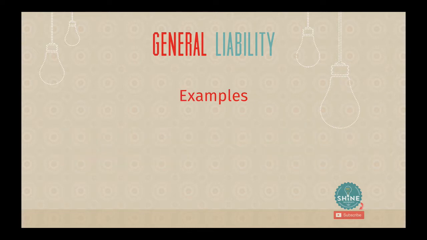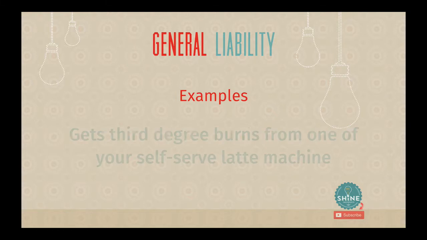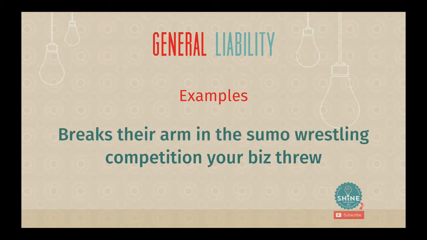General liability coverage is coverage for physical damage or bad things that happen to other people because of you. Examples in your world could be someone tripping on that golden doodle that you bring to work every day, or someone getting a third-degree burn from one of your self-serve latte machines that you bought thinking it would make such good lattes, and in reality, not the most amazing, but at least they're there. Or maybe someone breaks their arm in the sumo wrestling competition you threw because you just wanted to throw a sumo wrestling competition.